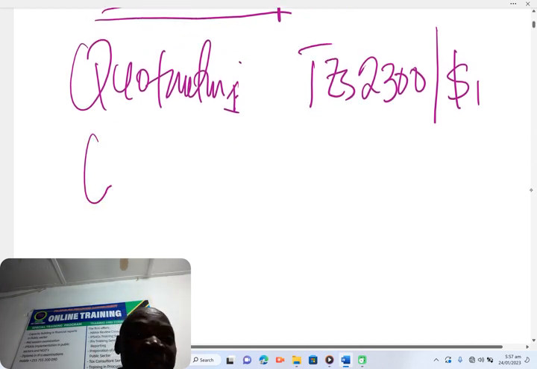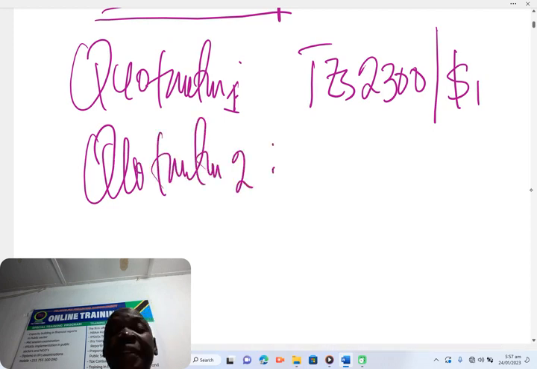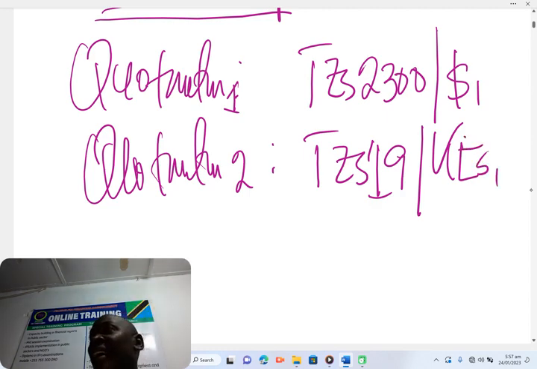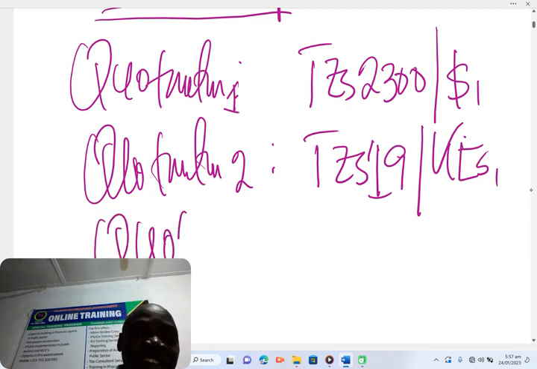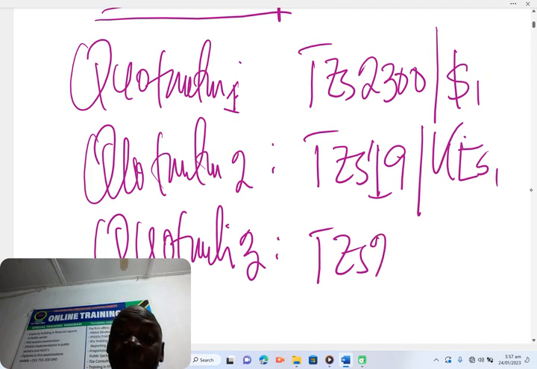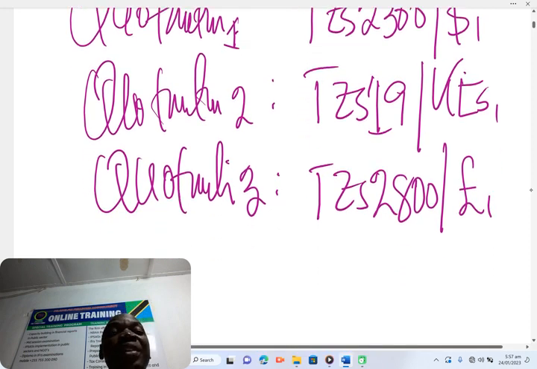Quotation 2. It could be written as ZS 19 per Kenyan shillings. This is a one-way quotation. Quotation 3. It is written as ZS 2800 stroke pound. This is one-way quotation.